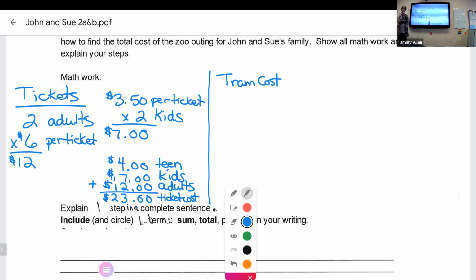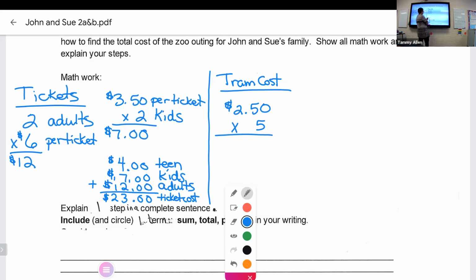How do we figure the tram cost? Quick, how do we figure the tram cost? Kaylin? $2.50 times 5. What is the $2.50?